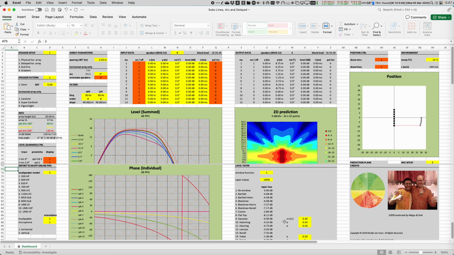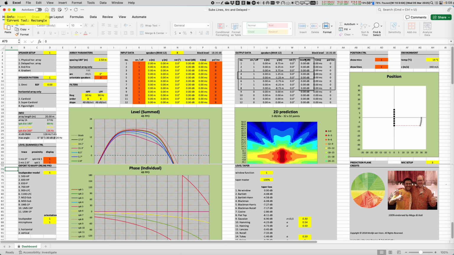window functions. And it's important that we pay attention with window functions to what will happen simultaneously in several parts of this calculator. One of the parts will be from speaker number 1 to speaker number 8 in the level. Speakers 4 and 5 are the central ones, and 1 and 8 are the lateral ones.